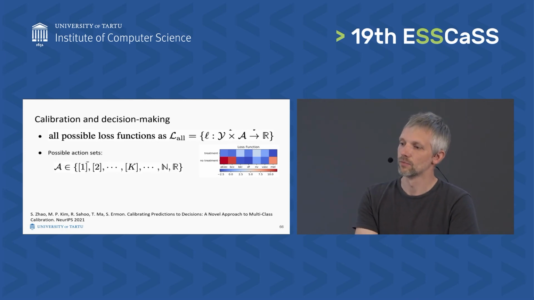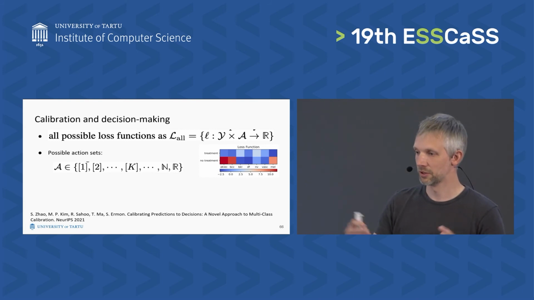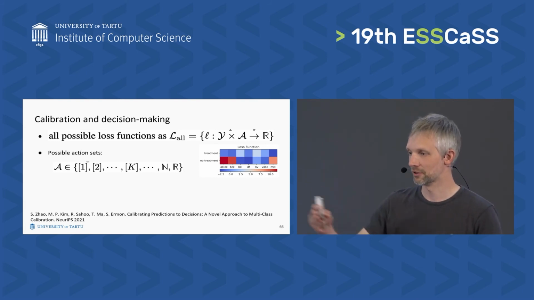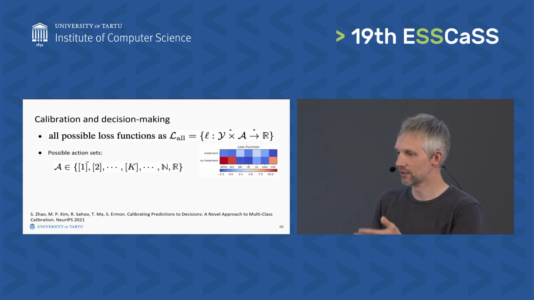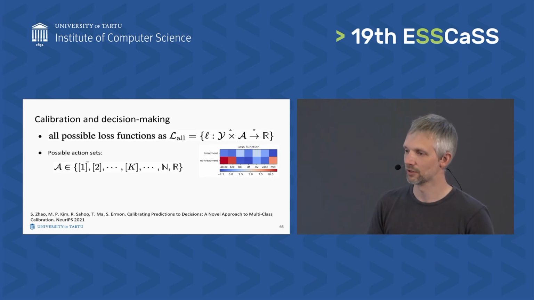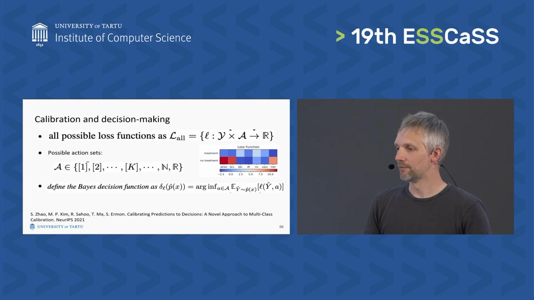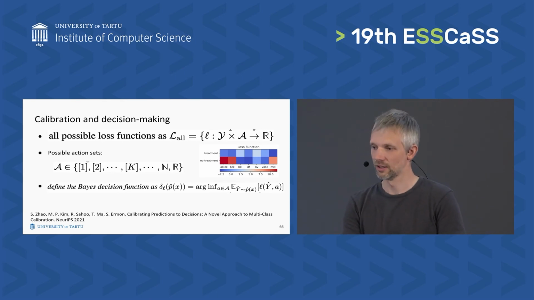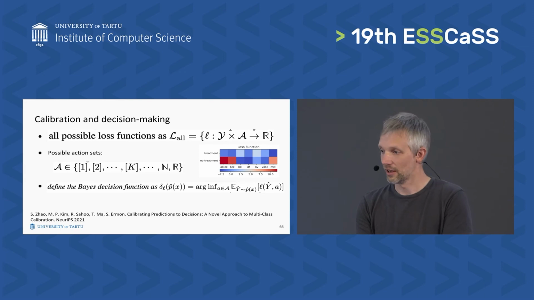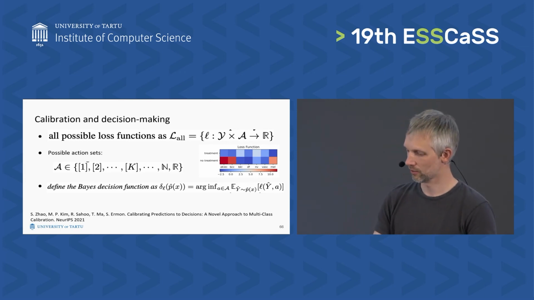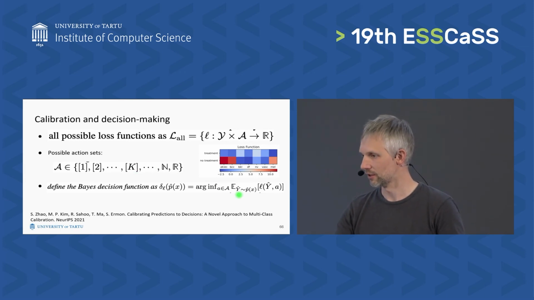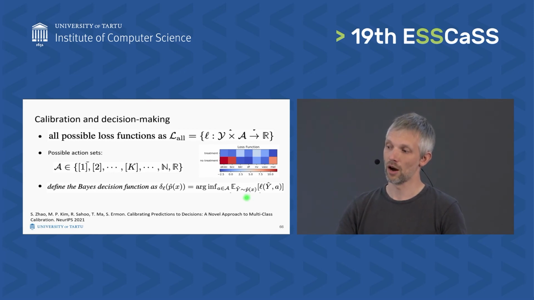In principle, we could just look at arbitrary action sets of arbitrary sizes. Typically, this paper fixes one particular number of actions. For a particular set of actions and a particular situation, having an uncertainty quantified by the predicted vector p hat x over the classes, what we might want to do is minimize the expected cost from our action.